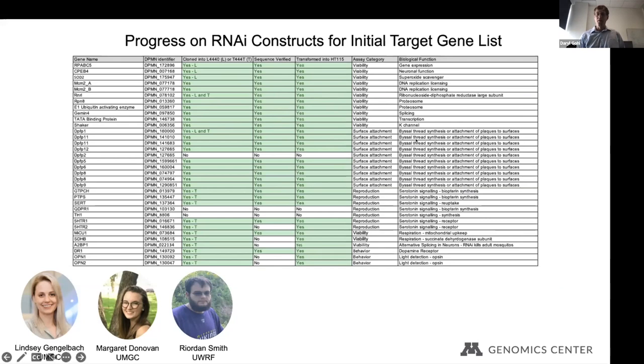And then we've also cloned a large number of the genes that are involved in forming the byssal thread attachment fibers that zebra mussels use to attach to surfaces. And then also we've been going after the serotonin signaling pathway as a way to potentially manipulate that spawning process.